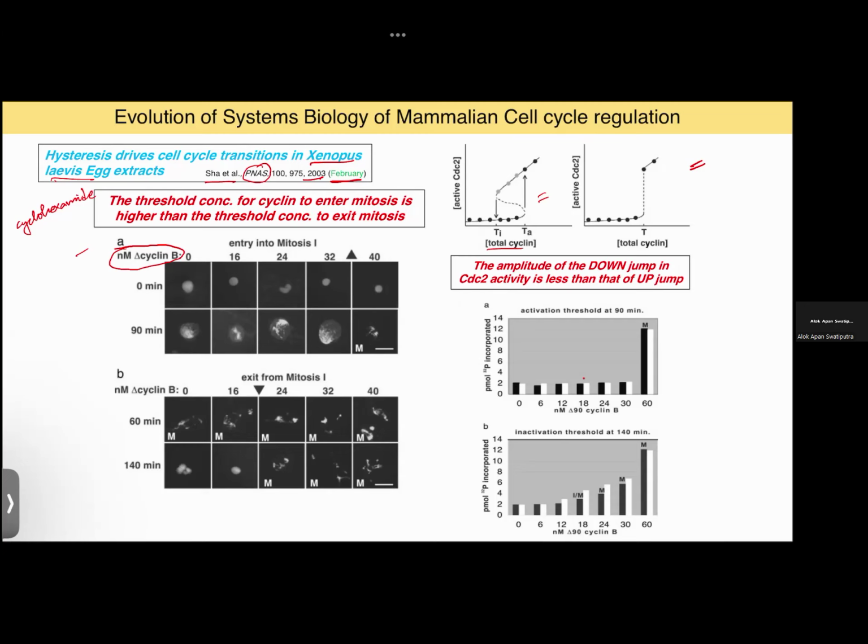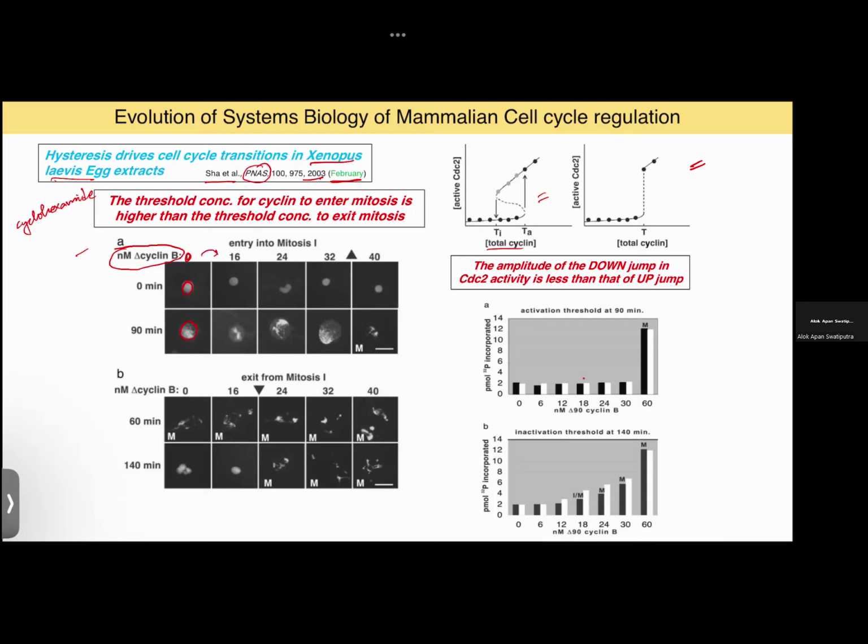Now take a look at this experiment. They added cycloheximide, and that was the 0 time point. When they did not add any cyclin, at 0 minutes you see that the nuclear envelope is intact, so the cell has not entered mitosis. Even after 90 minutes, the envelope is still present.